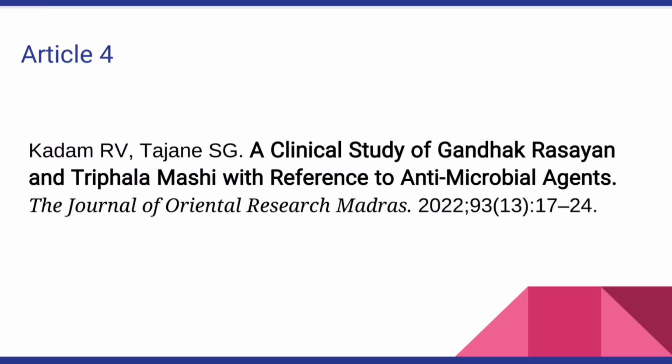And the fifth point from the study found rich sulfur content. Elemental analysis showed Gandhak Rasayan is rich in sulfur. This confirms Gandhak is the major active component. Sulfur contributes to antimicrobial action, and the formulation is chemically consistent with its classical identity.